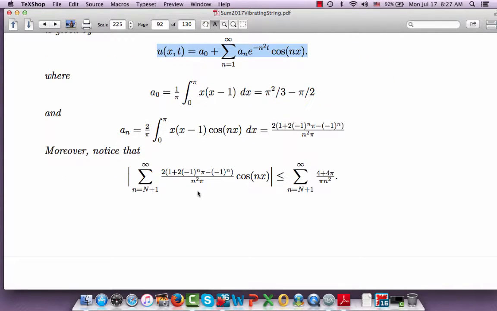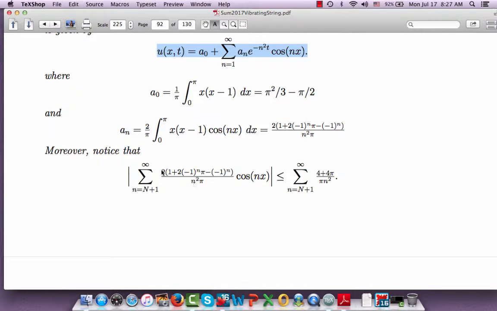So again, we have our simple uniform estimate: just take this error series and estimate it above in the easiest way possible, which is just bring the absolute value inside the sum, bound the cosine terms above by 1, and then bound the coefficient in absolute value by some constant over a power of lowercase n.